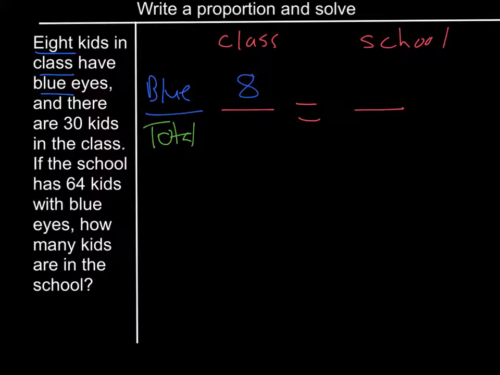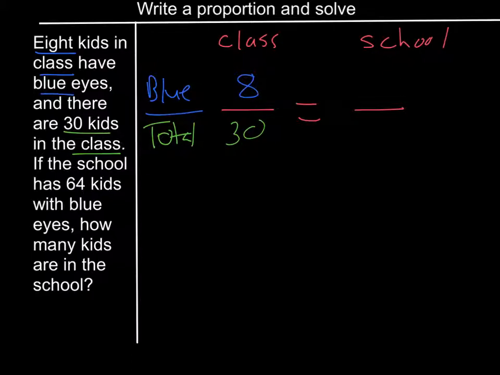The next thing that we see is there are 30 kids in the class. So the total number of kids is 30 in the class. So here again is the class and the total. So that means the 30 goes right there.